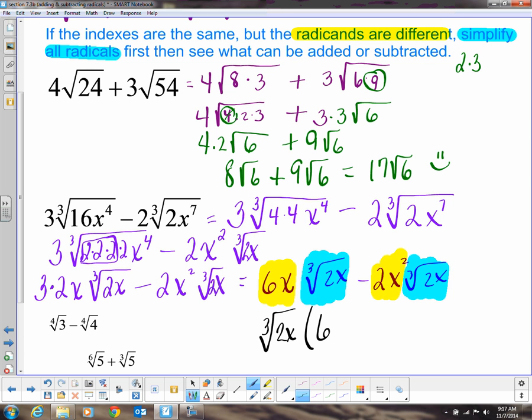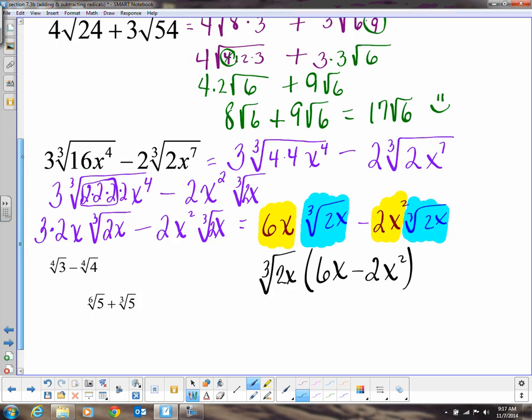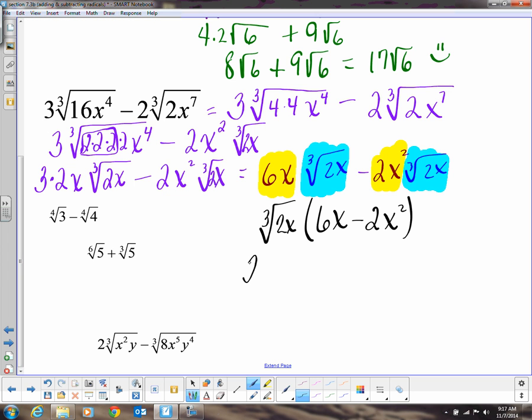Come on, 6x, what? Minus 2x squared. Heck, while we were factoring, what else could we have factored? Heck yeah, a 2 and an x, couldn't we? Let's factor out a 2 and an x. Then what do we have? 3 minus what? x. So that's something we could do. But otherwise, we can't take that any further.